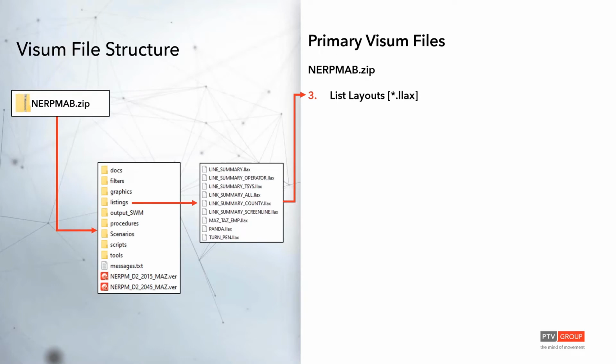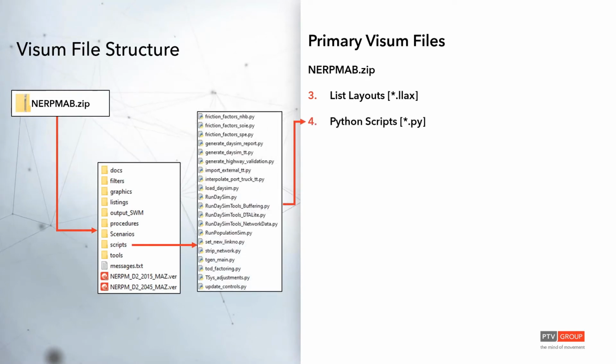Those settings, which freeze the schema or the view of these lists, are called list layouts, and they go by the extension .llax. During this training, we will cover how you can create a list layout, and how you can use a previously saved list layout. So we'll go through that. Those were list layouts.